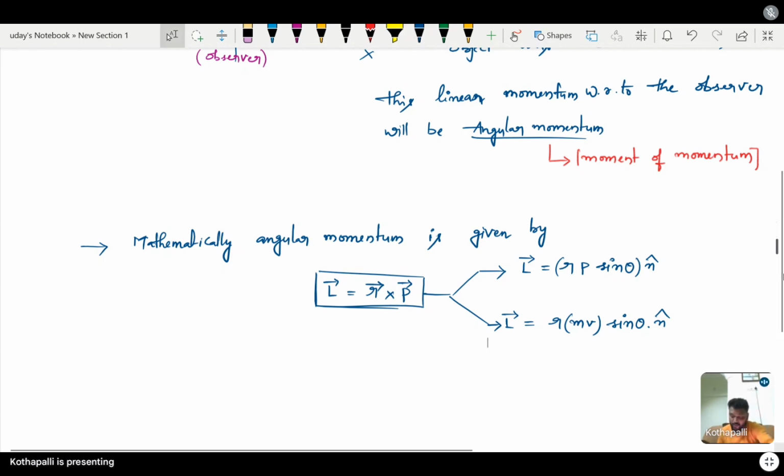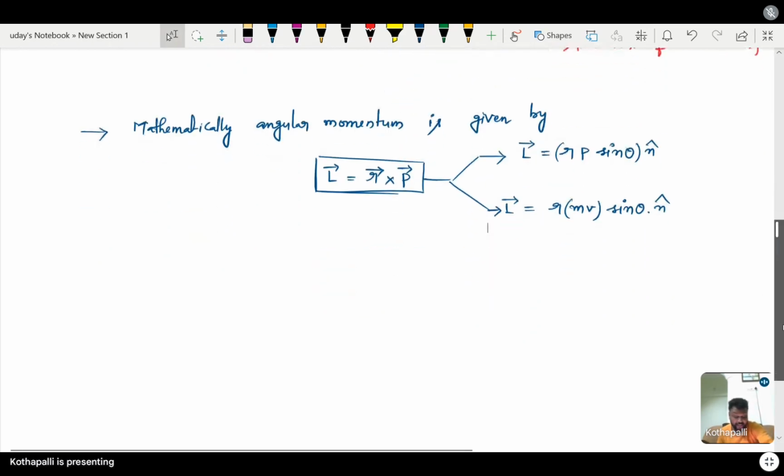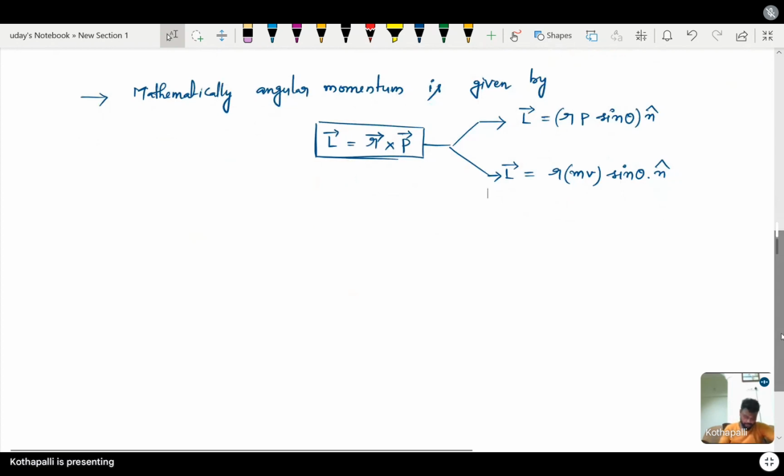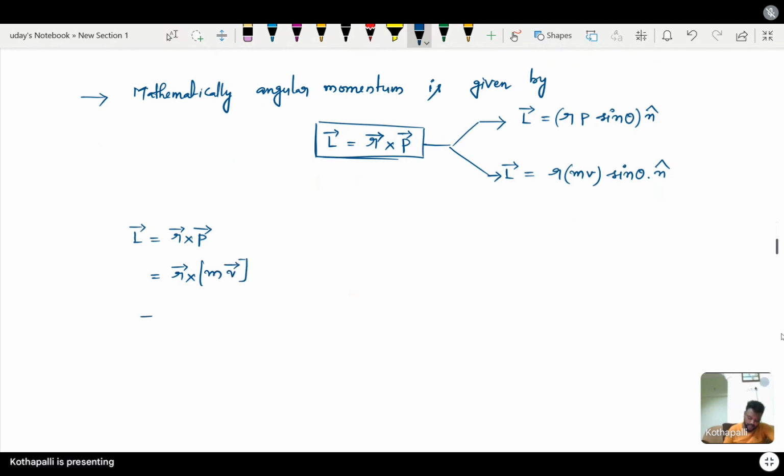Okay, now let us talk about these expressions in different ways. One by one I will tell you. Where L vector equals R vector cross P vector, we can write m into R vector cross v vector.